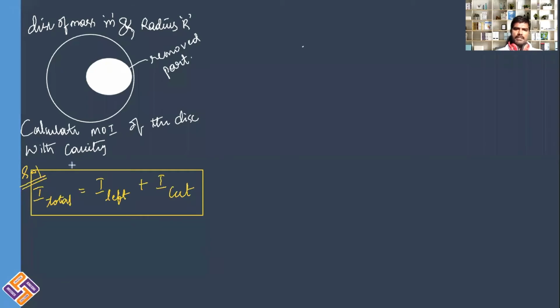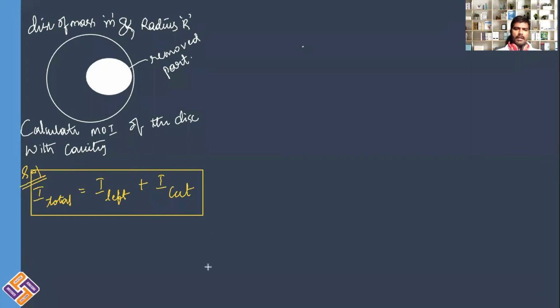Now what I am doing is I am removing some part from that and there is a leftover remaining part. So I can write moment of inertia of the total disk is equal to moment of inertia of removed part and moment of inertia of the leftover part. So those two, if I sum up, you will be getting moment of inertia of that particular disk.